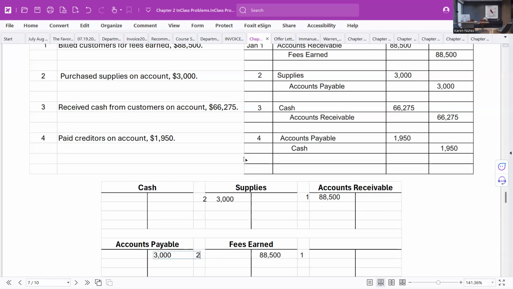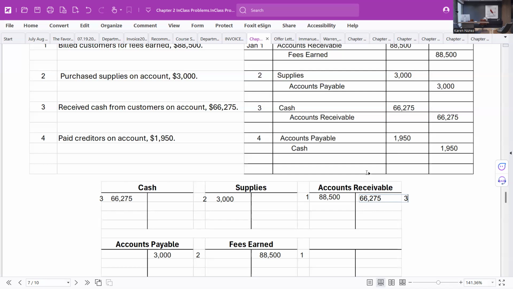And then on the third, we have a debit to the cash account for $66,275. And we also have a credit to accounts receivable for $66,275. And again, that is number 3 or January 3rd.